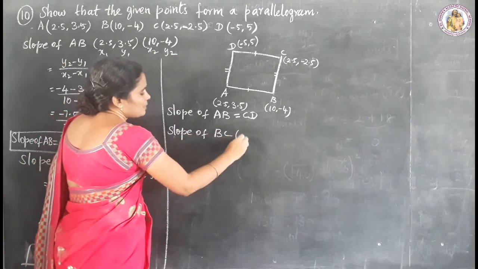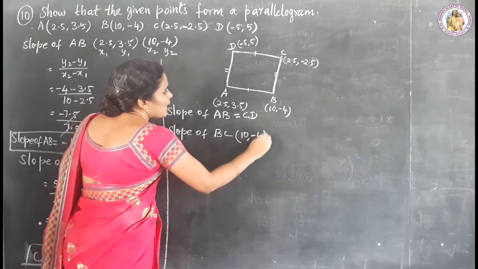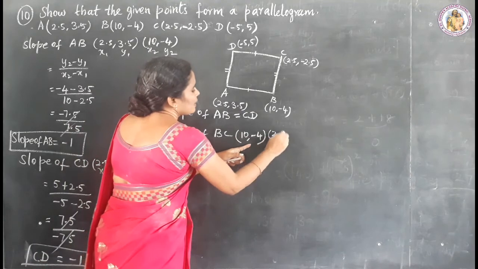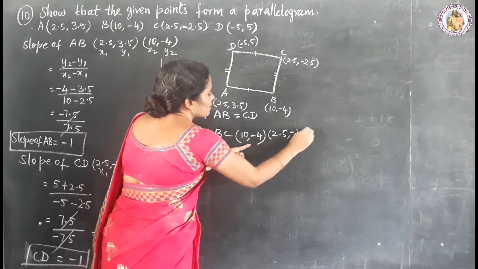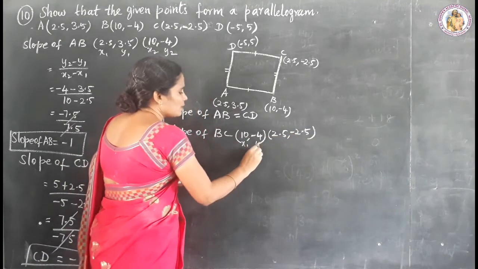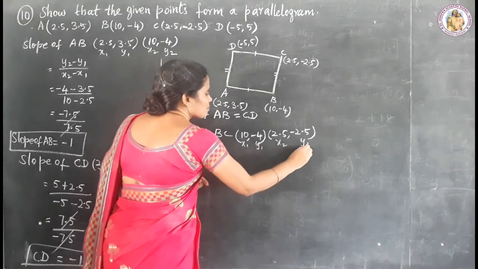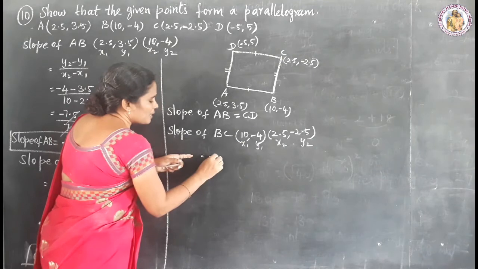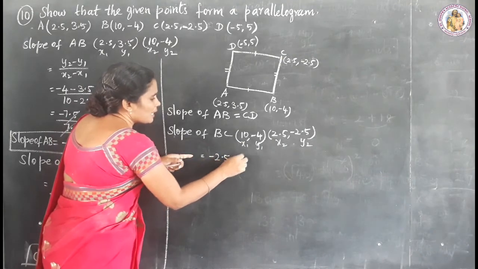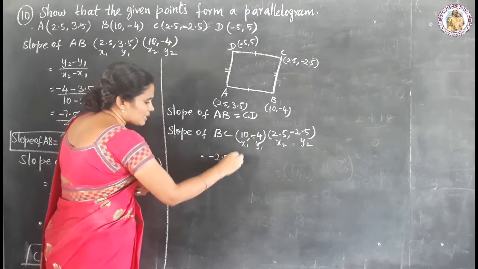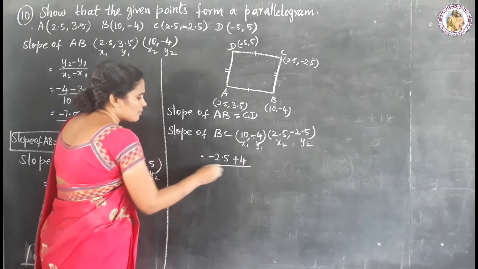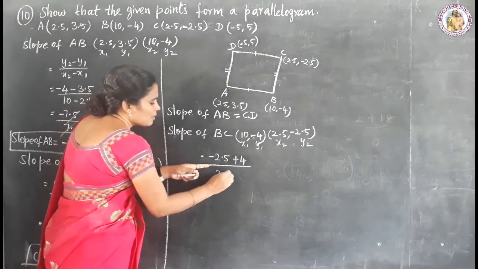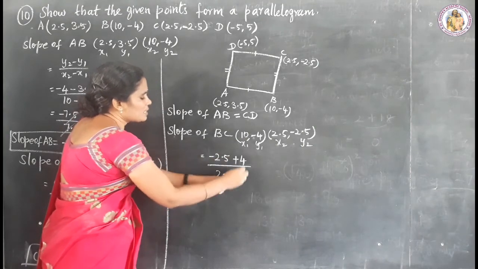Slope of BC. BC is (10, -4) and (2.5, -2.5). We are taking x1, y1, x2, y2. y2 is -2.5 minus -4, so -4 becomes +4, divided by x2, which is 2.5, minus x1, which is 10.